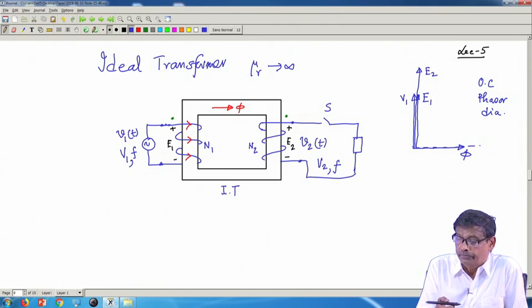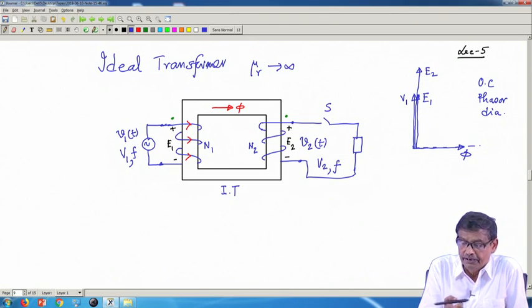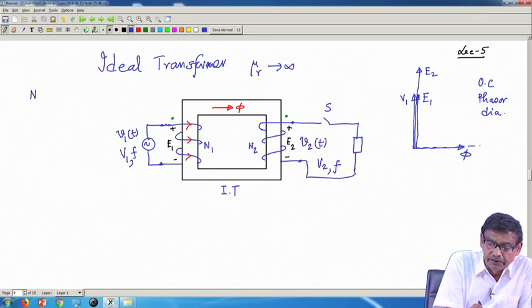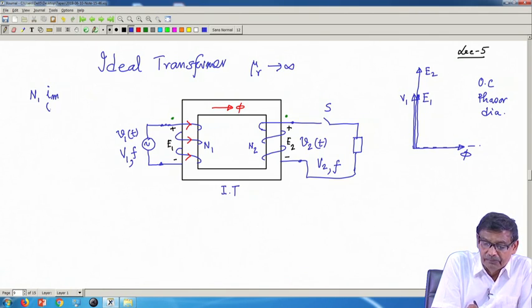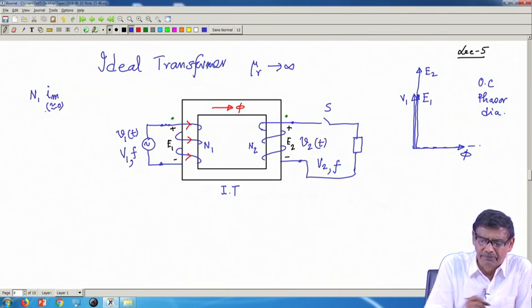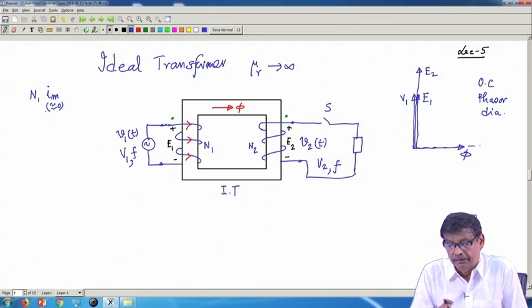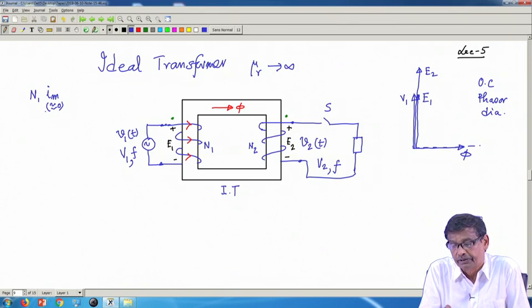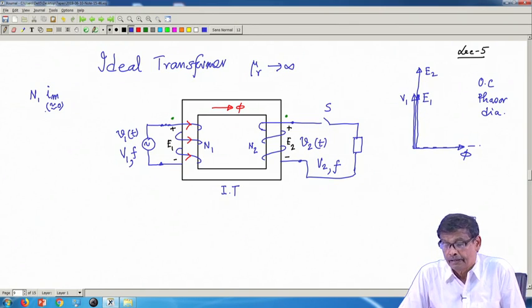Then I told you, to establish this flux phi, the MMF necessary was N1 into Im, which is vanishingly small. Let it be there, but that MMF was necessary to establish this flux.